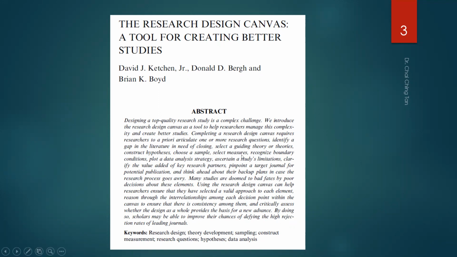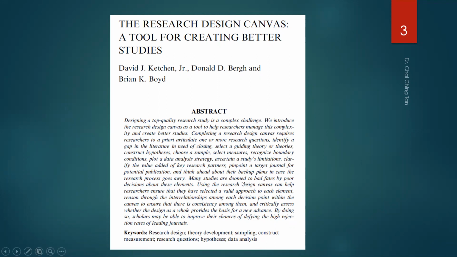Okay, that's something new. The research canvas is something new, "to help researchers," maybe it's me too, "to manage this complexity and create better studies." Okay, well, that's good. "And completing a research design canvas requires researchers to a priori articulate one or more."